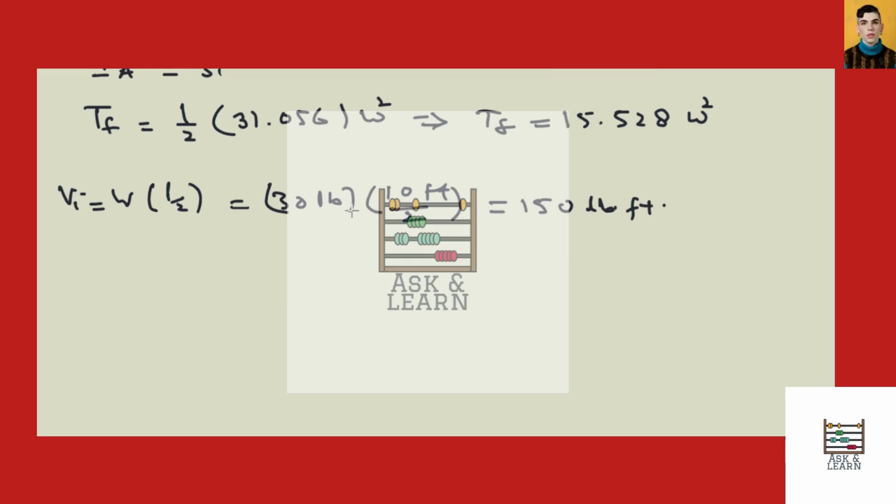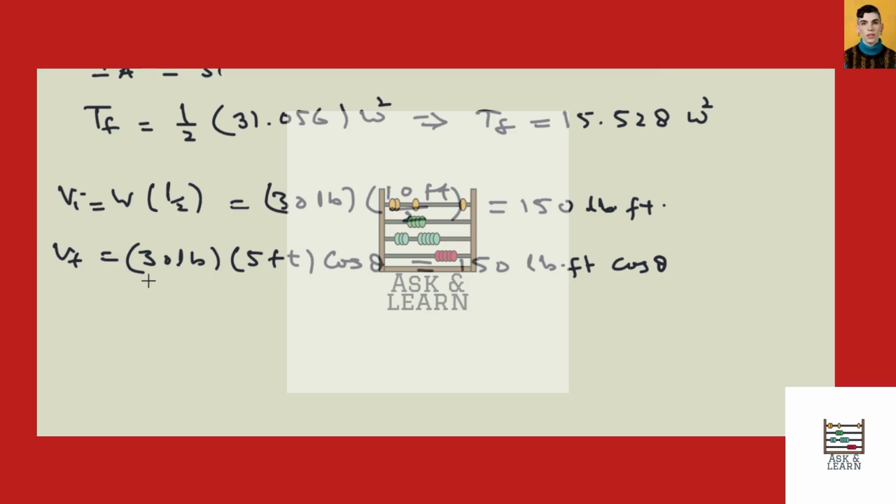Similarly, we can write final potential energy Vf as Vf is equal to 30 lb into 5 feet, and here we can write cosine of theta. So this is equal to 150 lb feet cosine of theta.